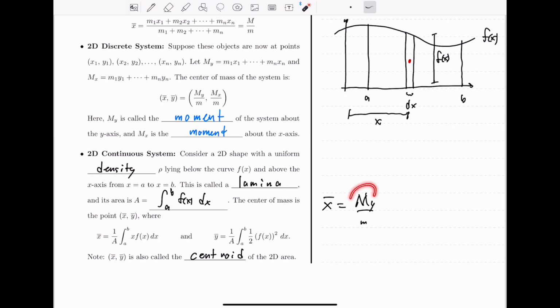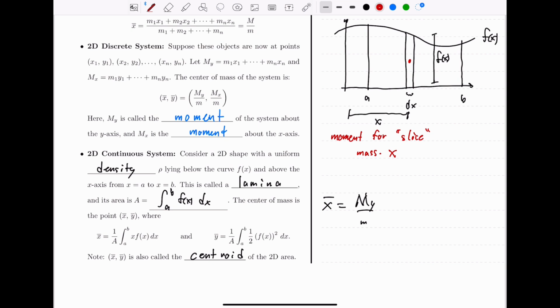That will give us the moment about the y-axis. So we want the moment for a representative slice about the y-axis. Well, the moment for this representative slice is the mass of the slice times its distance from the y-axis, which in this case is just x.